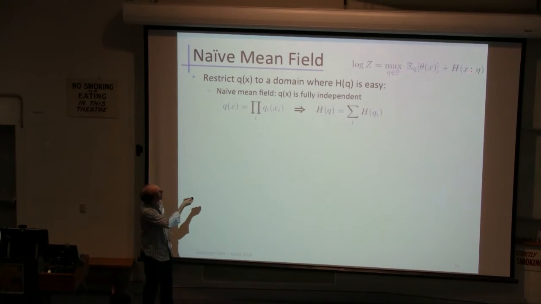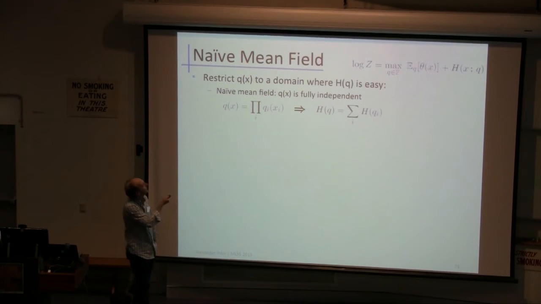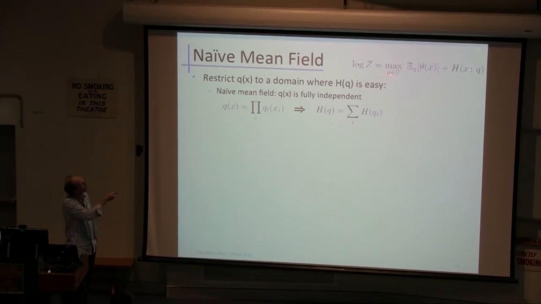So the actual optimum will be at the true distribution p. But if we restrict ourselves to, instead of maximizing over all possible distributions, we just maximize over distributions where this entropy term is relatively easy, then we're going to get a restricted maximization. So we're going to get a lower bound on the optimum.